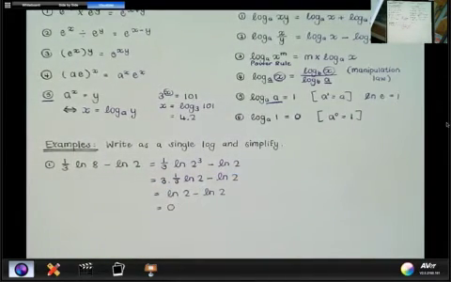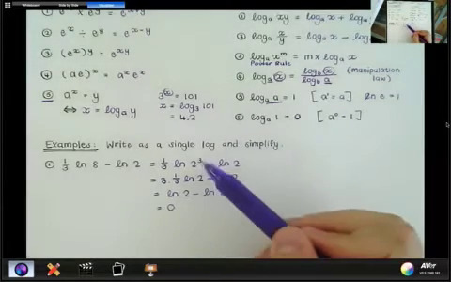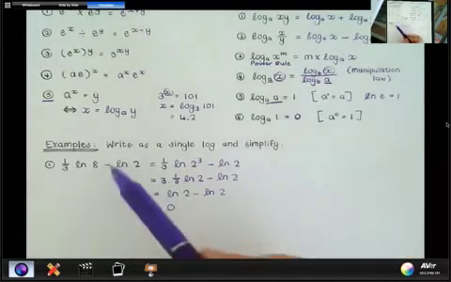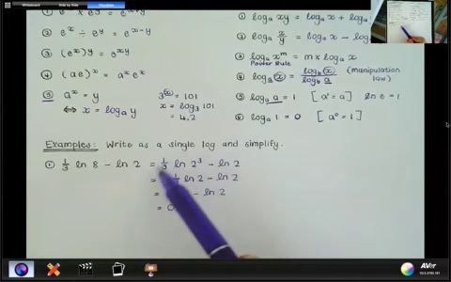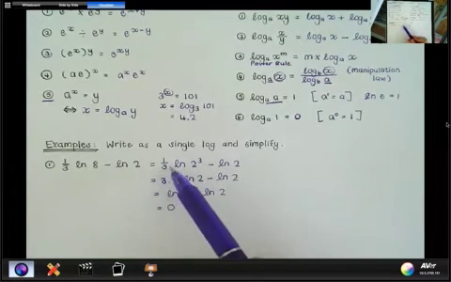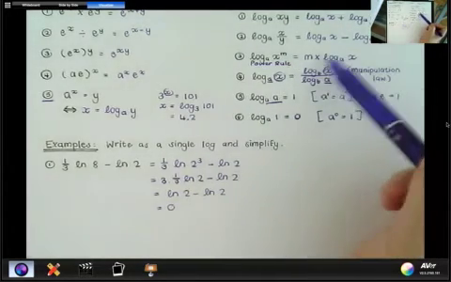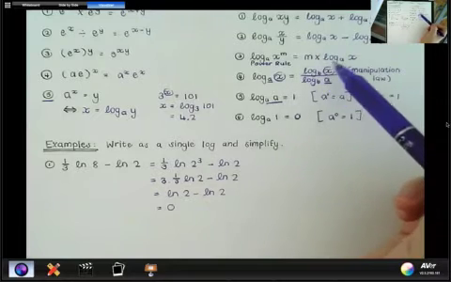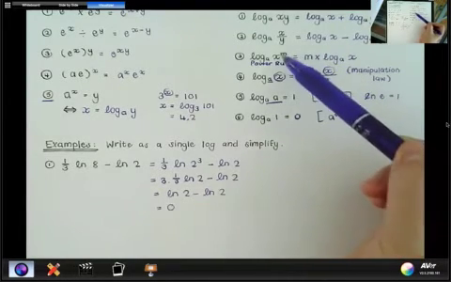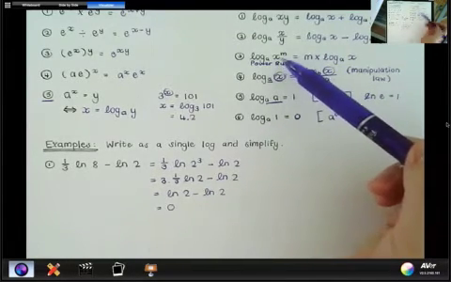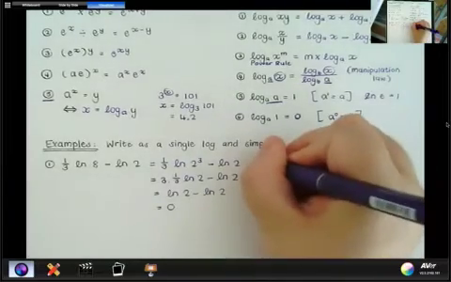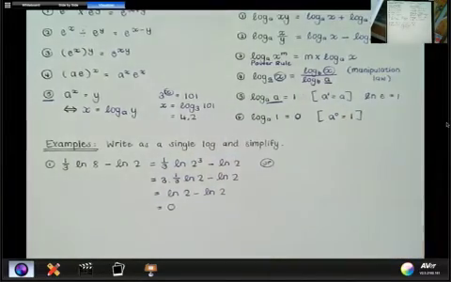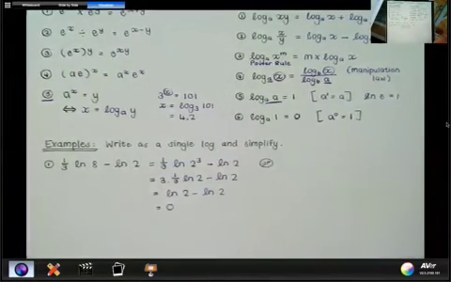Okay, not bad. Now what they did in the textbook, in the answer series, is instead of doing this 2 to the 3 and then taking the 3 to the front, they use the power rule in reverse. So if you look at this here, you have a number multiplied by the log. You can take that number and make it the exponent. I'm just going to write their method on the side because it might be useful to see different methods.